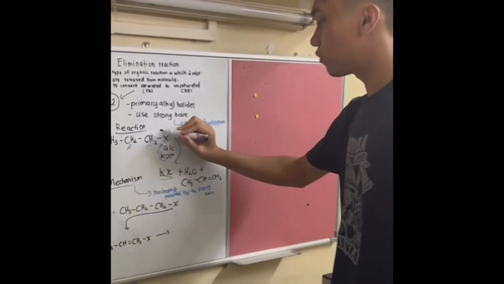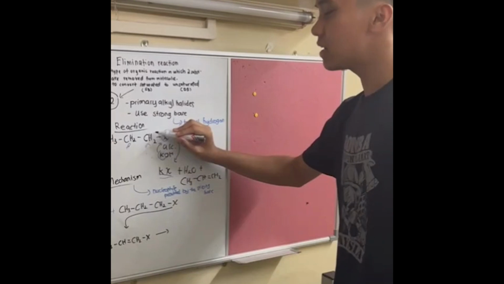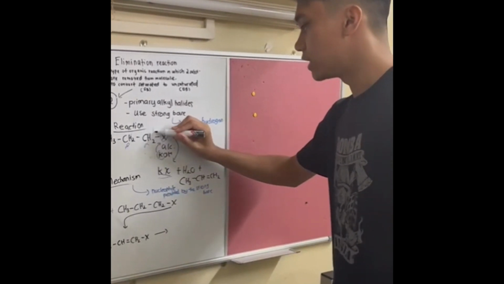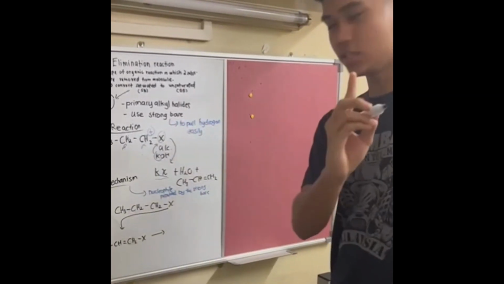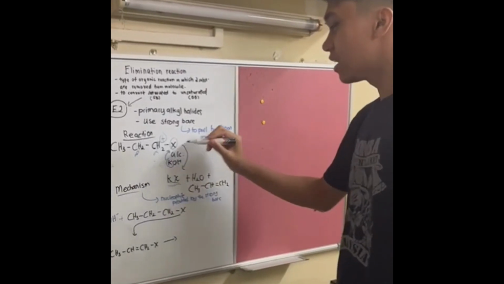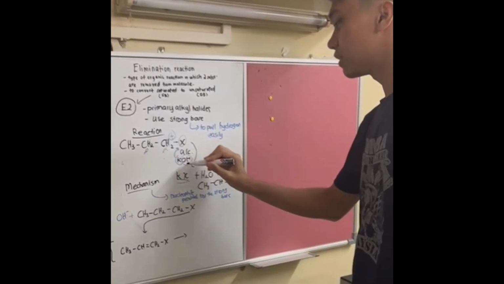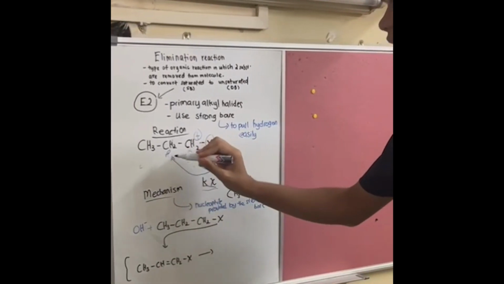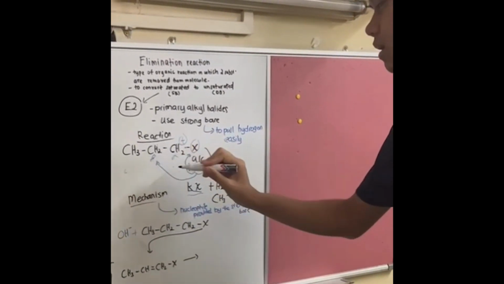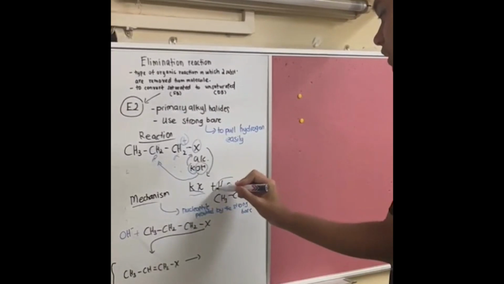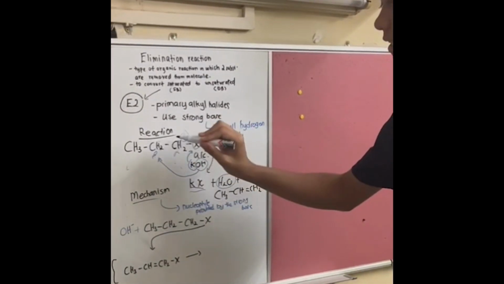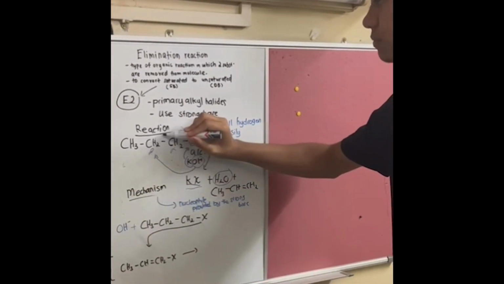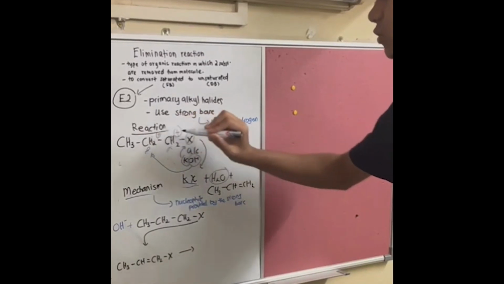It will form a new electron at the alpha carbon, and then the OH of the base will react with the other beta carbon, and form water here, causing the beta carbon to form a plus electron as well.